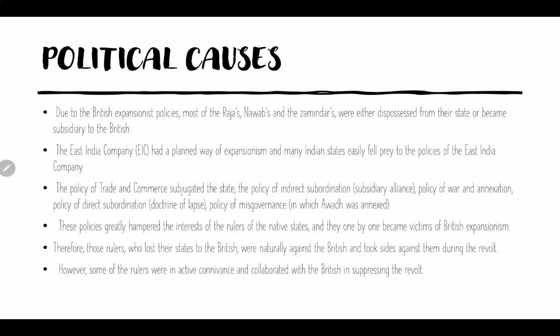Now, what are the political causes? Due to the British expansionist policy, most of the Rajas, Nawabs, and Zamindars were either dispossessed from their states or became subsidiary to the British. They became subordinate to the British.